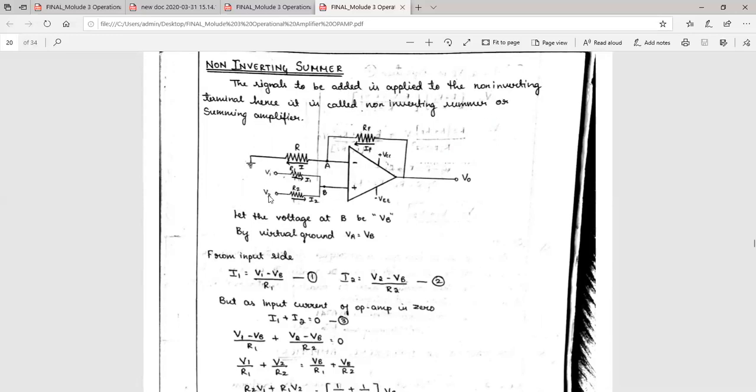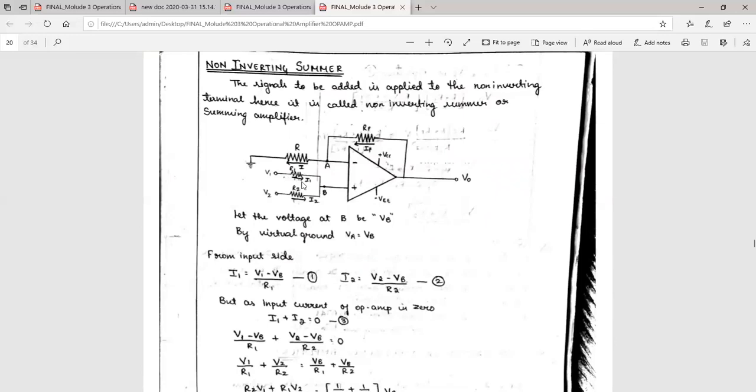So if you compare with the previous circuit, the additional things we have added here are V1 given to the non-inverting terminal and also V2 given to the non-inverting terminal through a resistor.